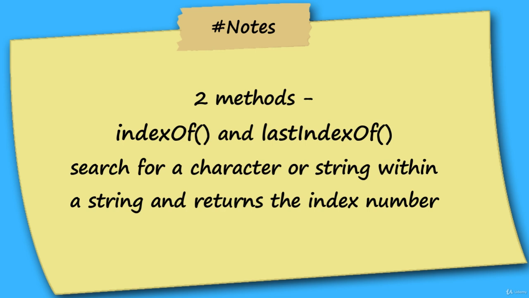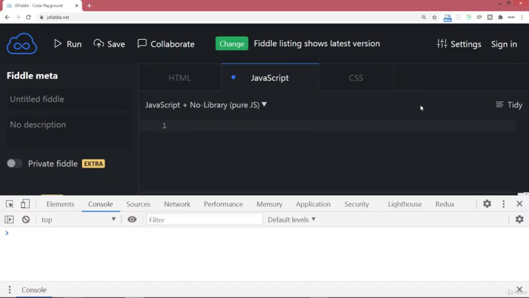Two methods, indexOf and lastIndexOf, search for a character or string within a string and return the index number. For example, here, if I say let str is equal to, let's say, this is a test, and now I'm going to say console.log(str.indexOf) and I'm going to search for is.